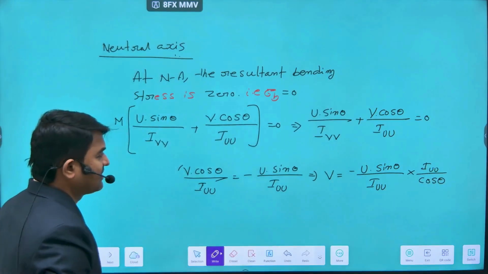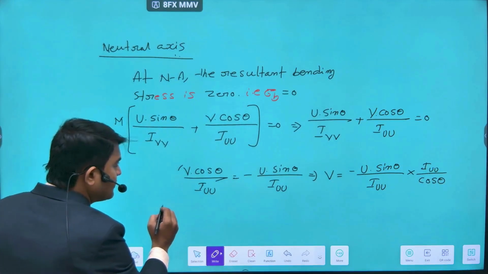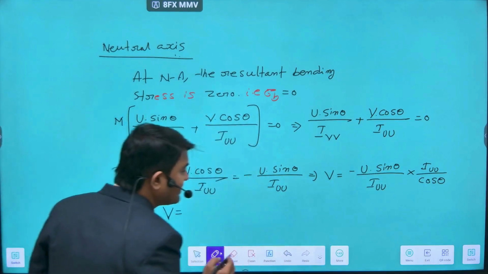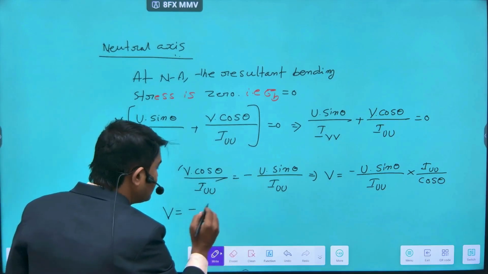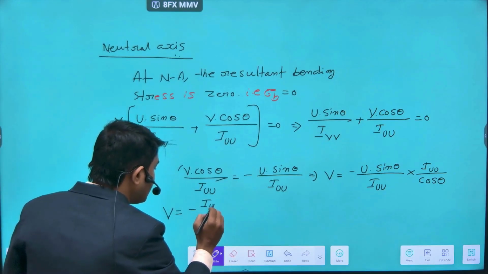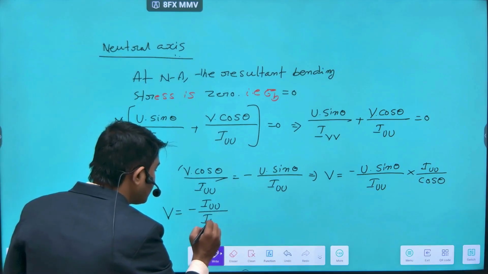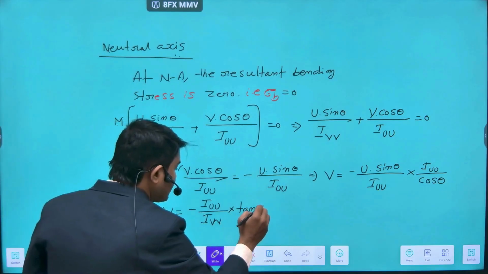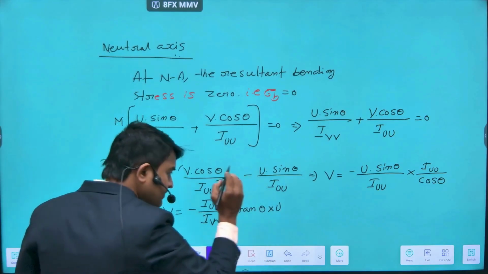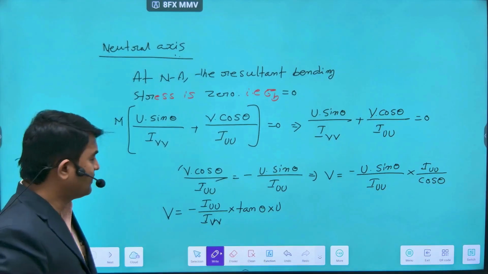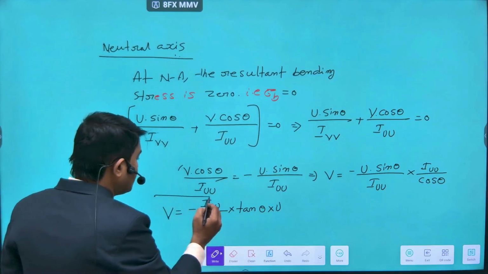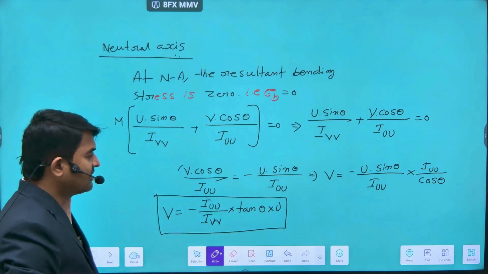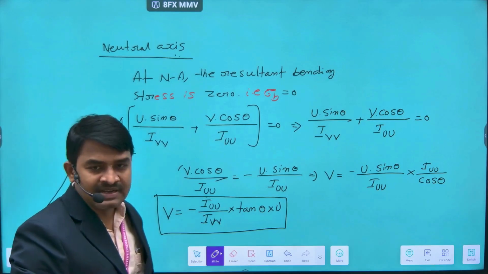See here, sin by cos is nothing but tan, and the remaining term will be IUU by IVV into tan theta into U. So this is the location of the neutral axis for the stresses in an unsymmetrical section.